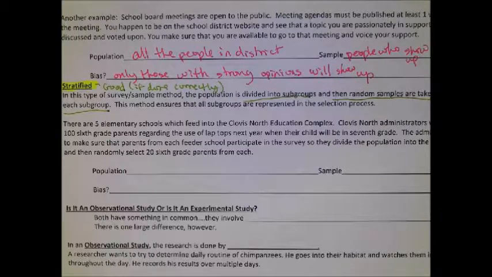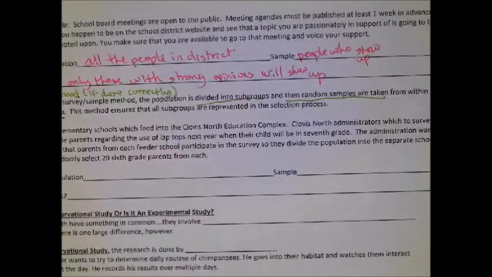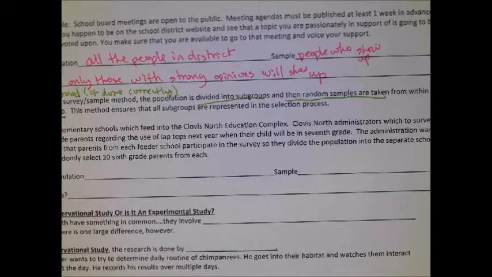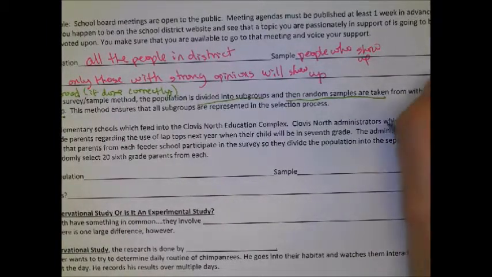Now that you've had a chance to read it, let's read it together. There are 5 elementary schools which feed into the Clovis North Education Complex. Clovis North administrators wish, I think that's supposed to say wish. So go ahead and cross which to wish.